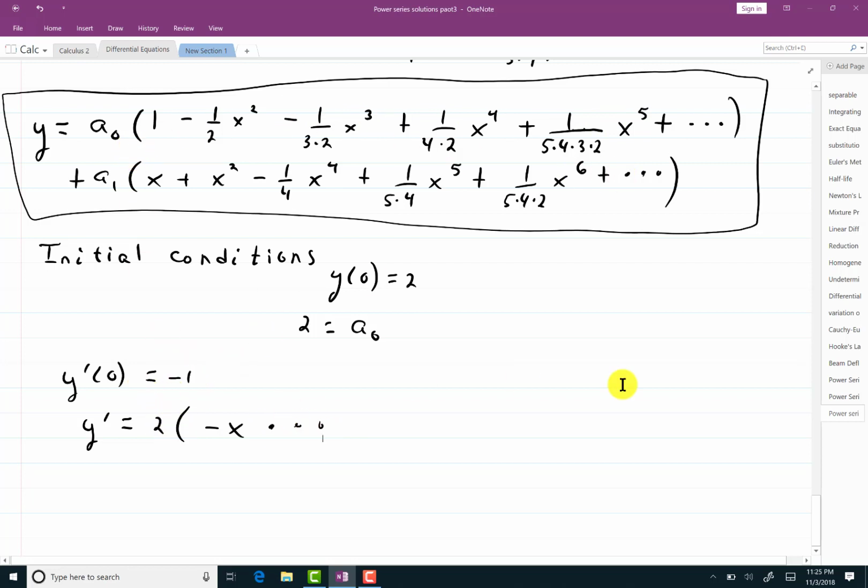When I plug a 0 in, it's all going to disappear. And then when I take the derivative of the second piece, I'll get a 1 plus 2x. And then again, it won't matter what is left there. So when I plug in 0 for x, this whole piece zeroes out, but this other piece will just be a sub 1, and these weren't nearly as bad as you thought.